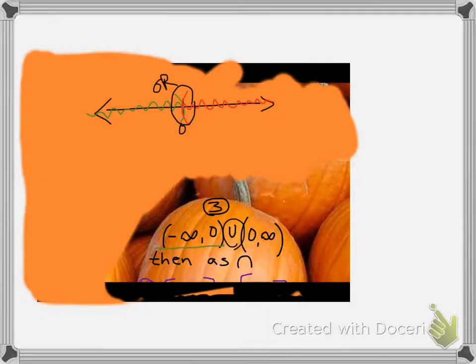It means your solution set for the or looks like everything except what? There's this big open space on 0. There's this big protective bubble on 0 that's saying everything on the graph but not 0.